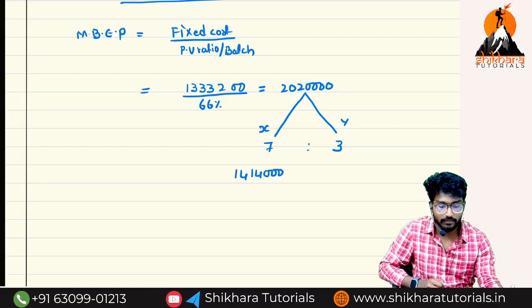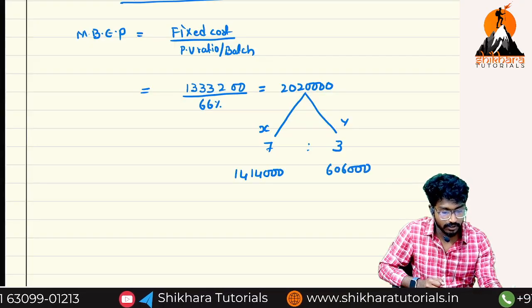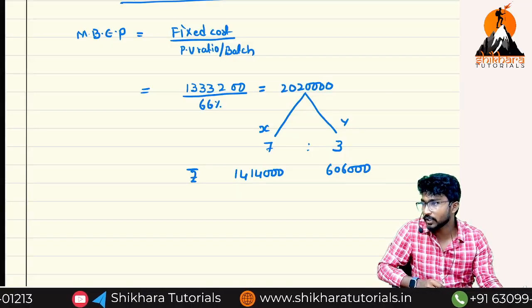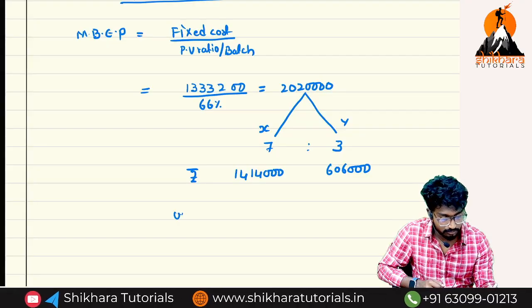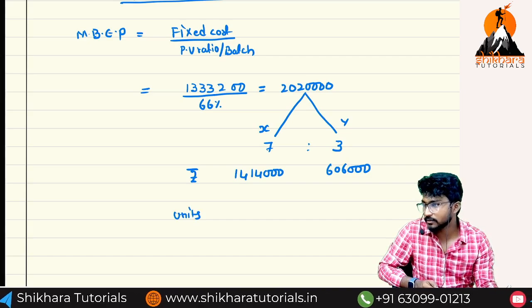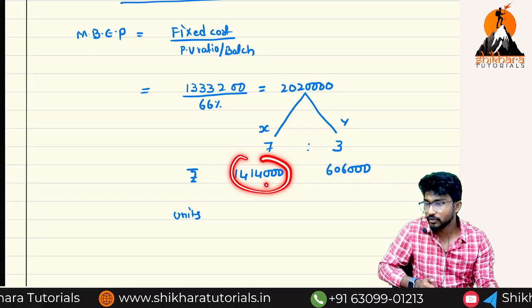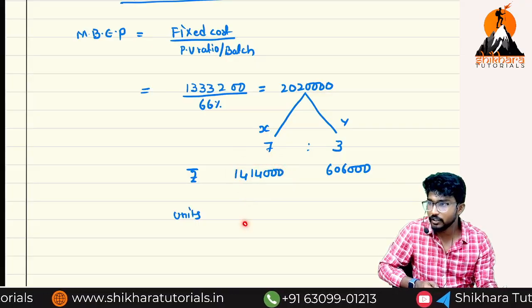For Y, 6 lakhs 6,000. This is in terms of rupees. Now in terms of units, how will you get it? Divided by selling price. This is sales, total sales. If you divide this total sales with the selling price, you will get units.